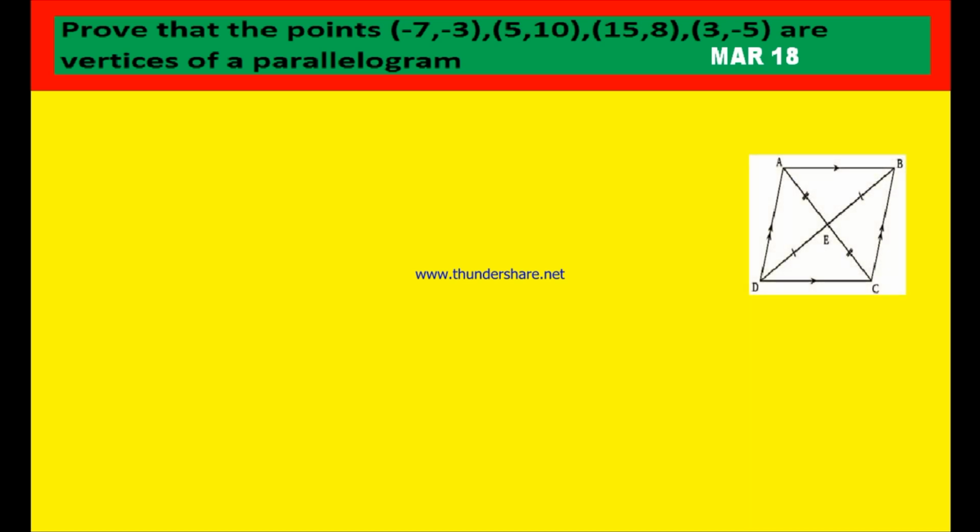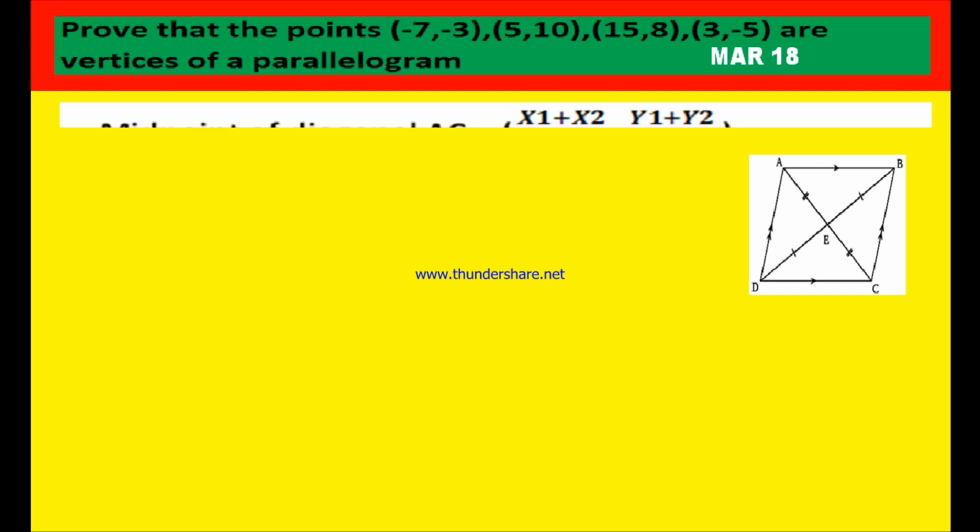Look at this parallelogram. ABCD is the parallelogram in which one diagonal is AC and the second diagonal is BD. Now let us prove that AC and BD bisect at point E. Bisection means into 2 equal parts. Now we have to prove that E is the midpoint of AC and again E is the midpoint of DB.